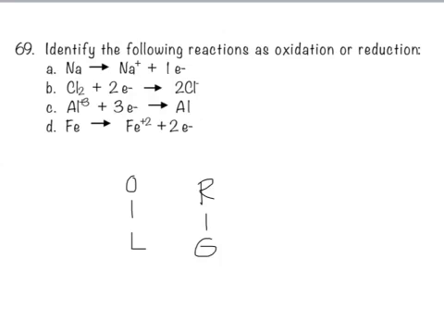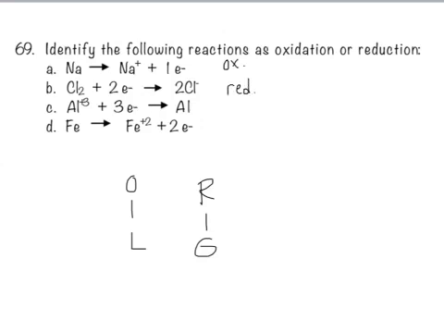I look at the first one, sodium turning into a sodium cation and an electron. In order to become a positive ion, it must lose electrons. This is an oxidation. Here you have chlorine gaining electrons to become chloride anions, so B is a reduction.